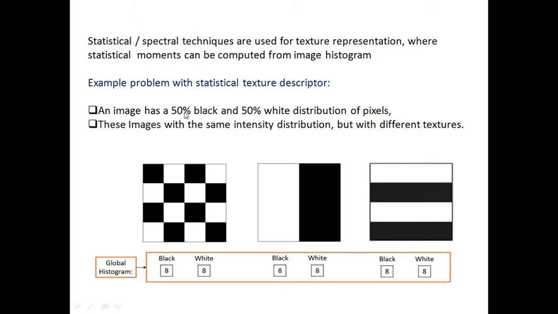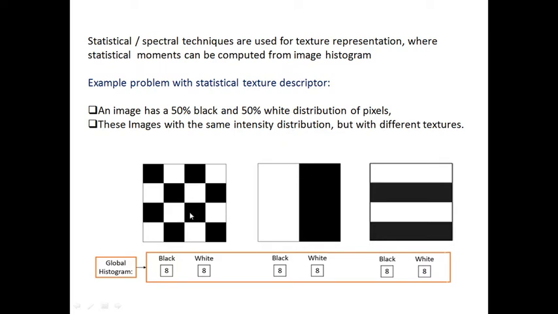The statistical or spectral techniques are used for texture representation, that is fine, but the statistical moments can be computed only from the image histogram. For example, here I have images. An image here has a 50% black and 50% white distribution.